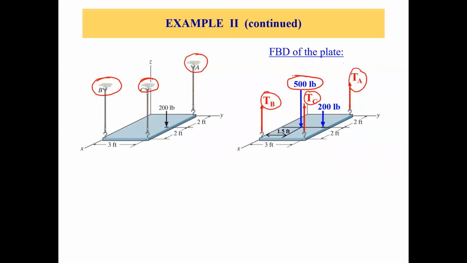So that's the point of action of this weight of this plate. Okay, and we already have this 200-pound force, the external force or external load, which is being applied at this edge of this plate, right, where it is shown. Okay, so this is how we are done with the free body diagram of this plate.